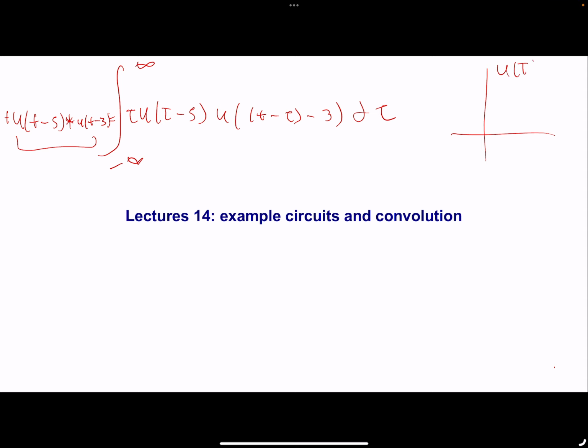u of tau, it's just going to be 0 whenever tau is less than 0, and it's going to be 1 whenever tau is greater than 0.